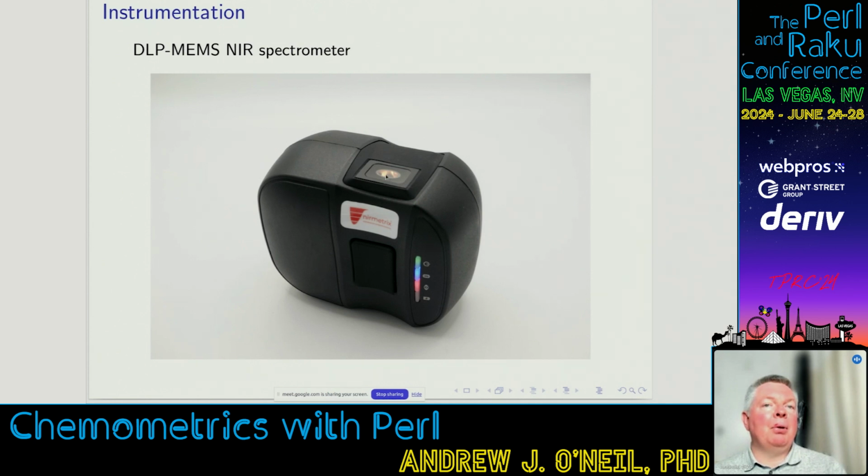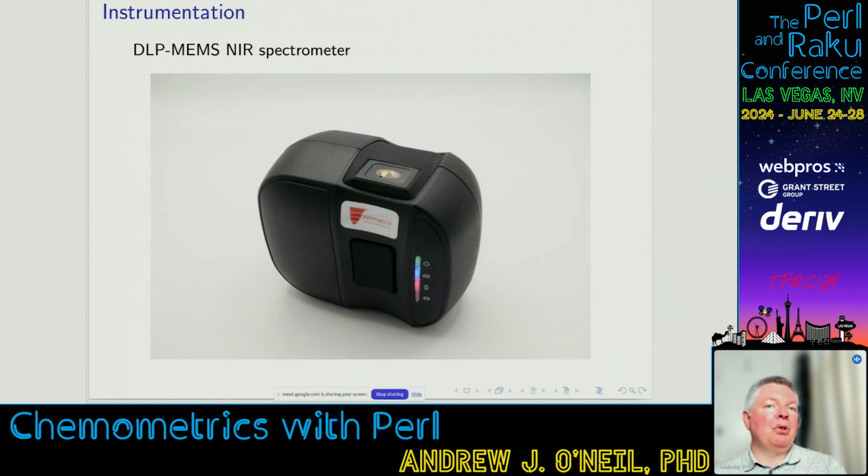Put the sample on the top here, and inside there are two tungsten halogen lamps, 0.71 watts each, and they produce energy that falls within the near infrared region. So it's a good light source for NIR spectroscopy.